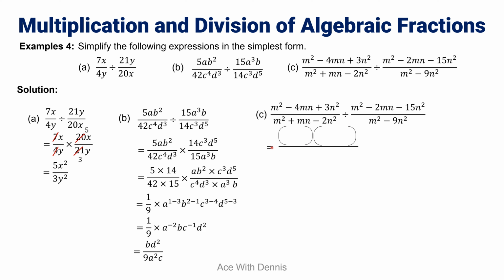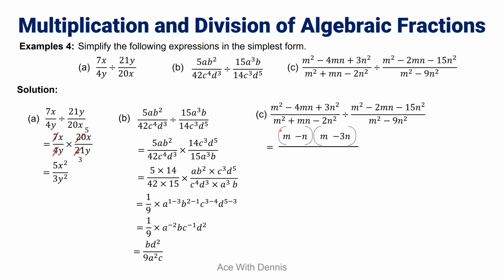Write out the two brackets here. m squared is m times m. 3n squared is negative n multiplied with negative 3n. I put a negative sign here because the middle term is negative. Then we can check again. Negative n times m plus m times negative 3n, we get negative 4mn.